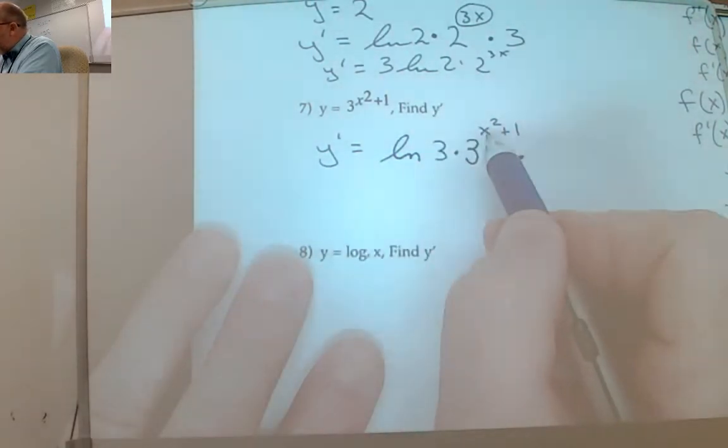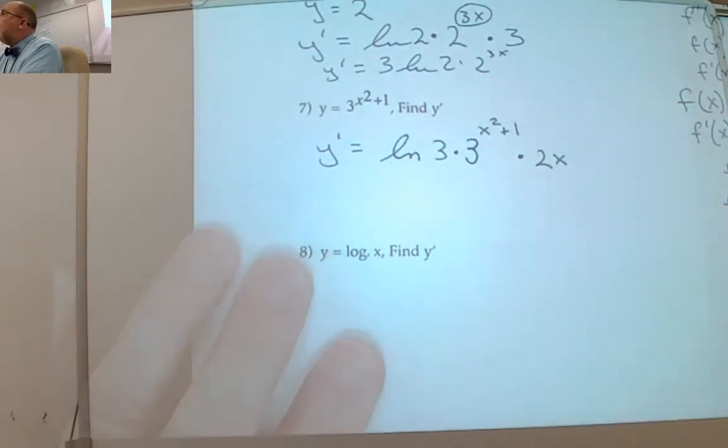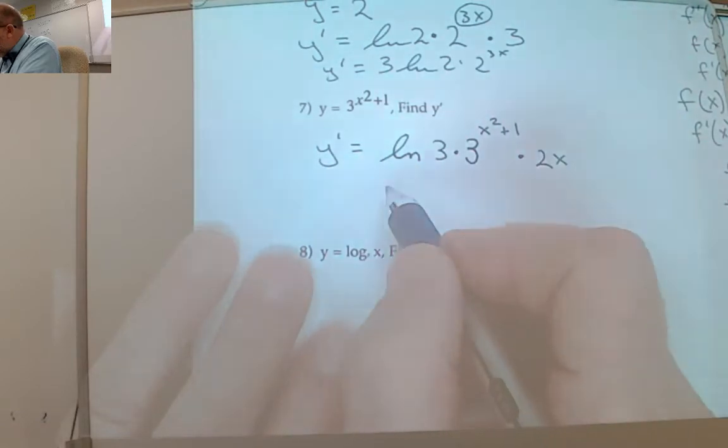What's the derivative of x squared? What's the derivative of 1? 0. So people said they liked it written like this.